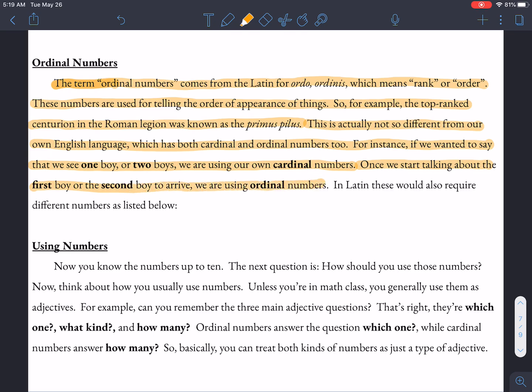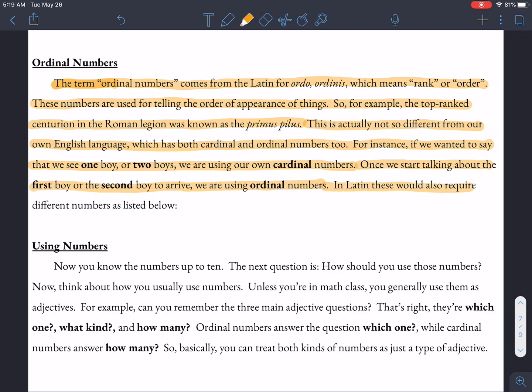I'm ordering them. As in, Johnny was the first boy to arrive, but then Billy was the second to arrive because he showed up 5 minutes after Johnny. So order, ordinal; cardinal, counting.